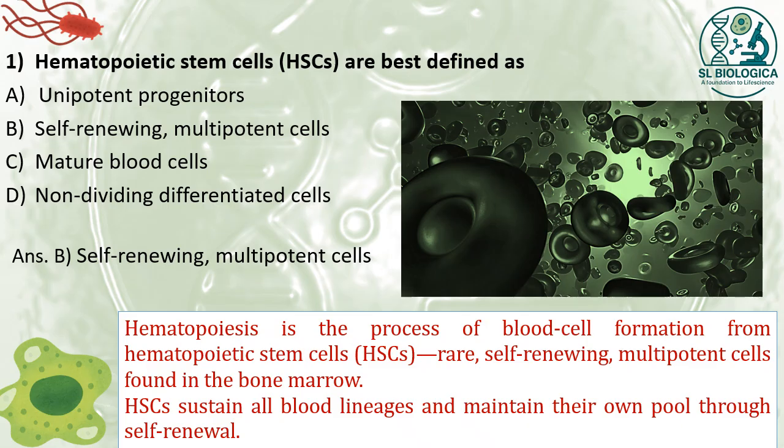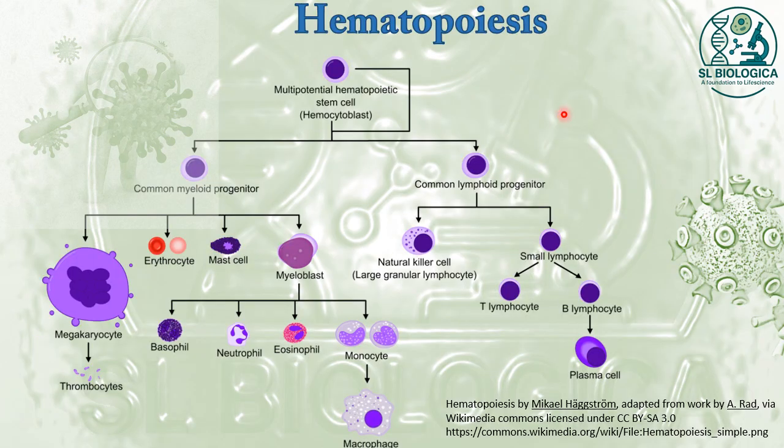Before moving into the next question, let's look at the pictorial representation of the hematopoietic pathway. We have the multipotential hematopoietic stem cell here. It could be called the hemocytoblast. From there, it can move into two different lineages.